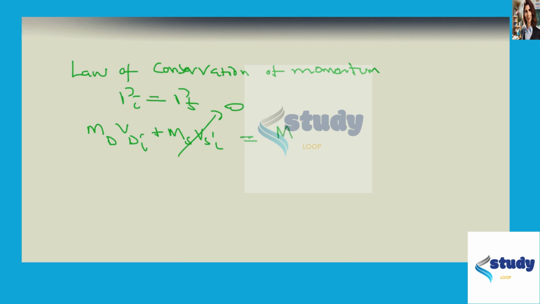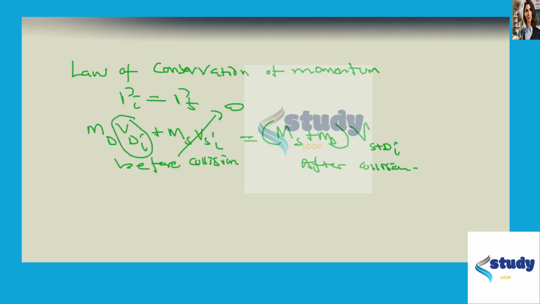After collision, they combine and move together. So that's the mass of the sphere, mass of D, and then the final velocity, the initial velocity when they collide, a sphere and D. This is before collision, and this is after collision. Our target is this value right here.